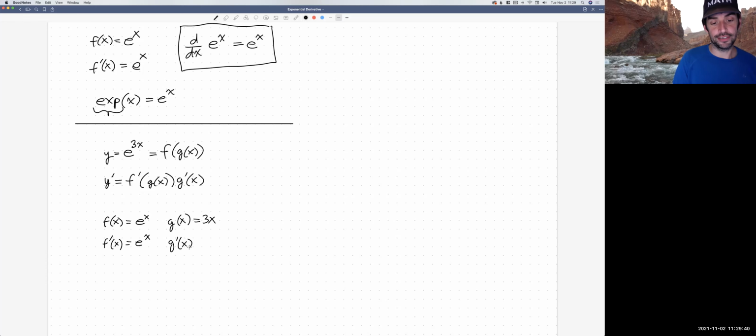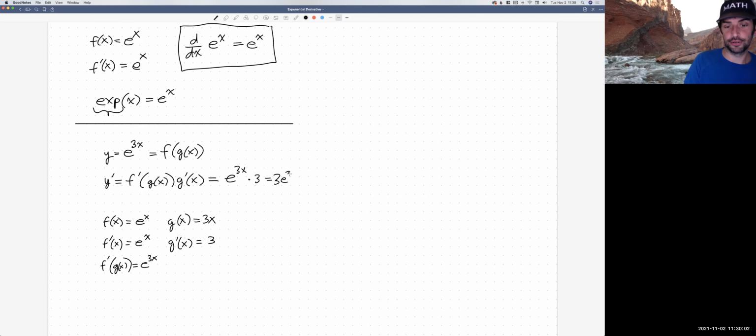G prime of x is equal to 3. So f prime of g of x is going to be e to the 3x, and then times g prime, which in this case is just 3. That's an uncomfortable way to write it, so I'm going to write it like this. And so now we have our derivative for this pretty simple exponential.